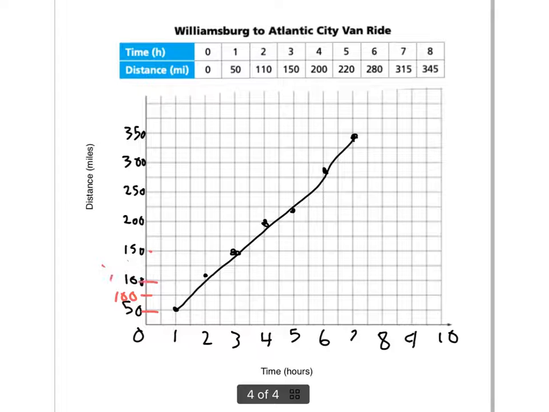Right here would have been 150. This would have been 200. So they would have graphed it like that. Or if they like every 2 is 50, then this would be the 50. This would be the 100. This would be the 150. So notice you just have to stay consistent.